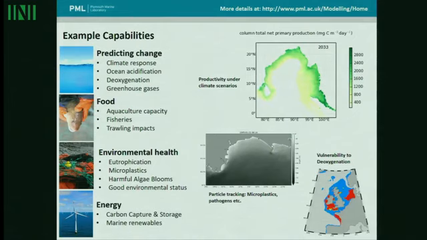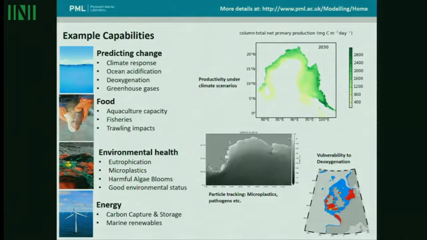We can explore impacts on aquaculture and fishery, we can look at the impacts of trawling. We can look at eutrophication. Using these kinds of particle tracking models, we can look at microplastics, harmful algal blooms, good environmental status.